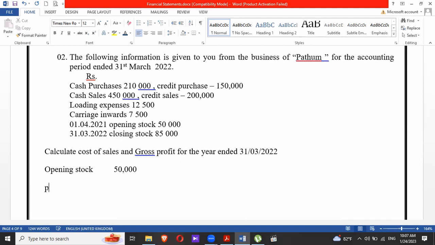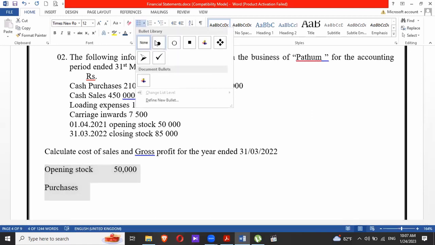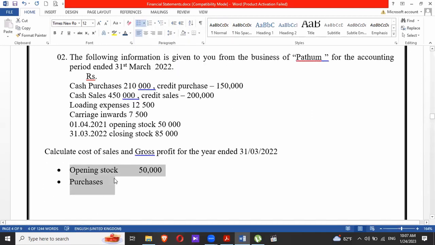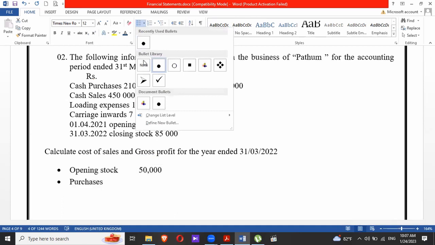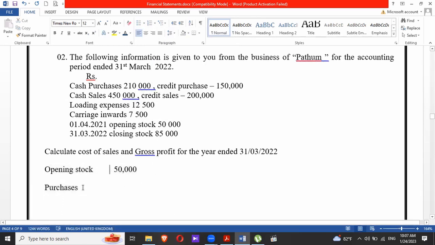For that, you have to add purchases. Total purchases you have to take.